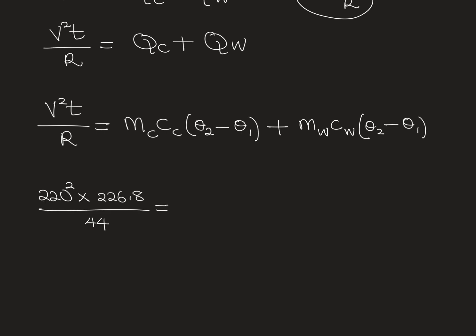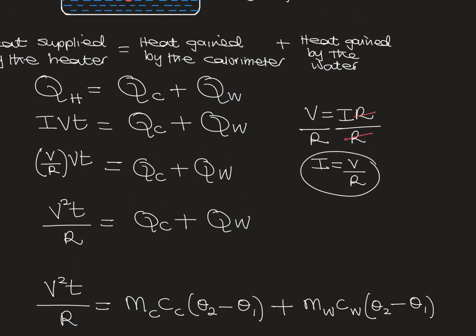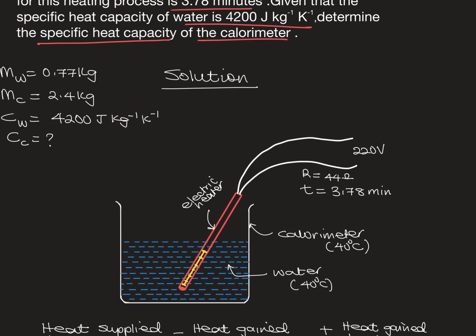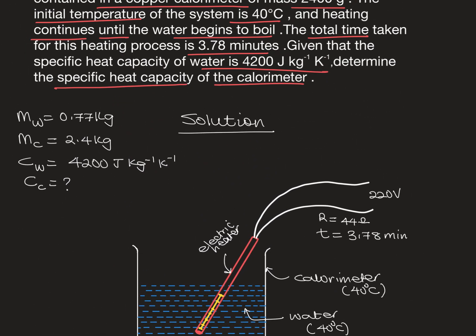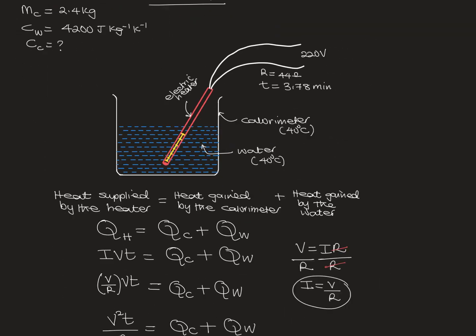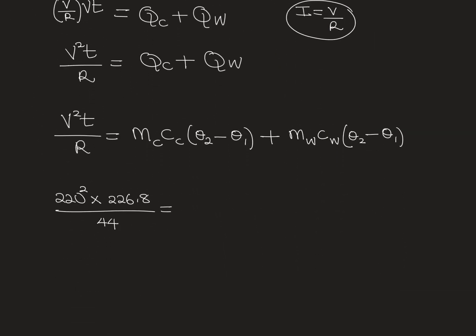This is equal to the mass of the calorimeter, which is given in the problem as 2.4 kilograms. So that is 2.4 kilograms multiplied by the specific heat capacity of the calorimeter, multiplied by the change in temperature, which will be the final temperature minus the initial temperature.